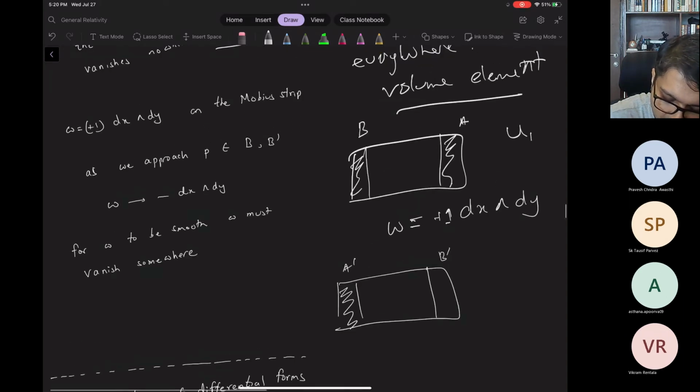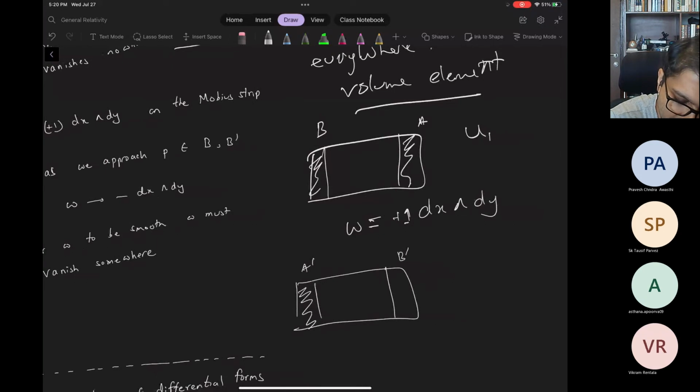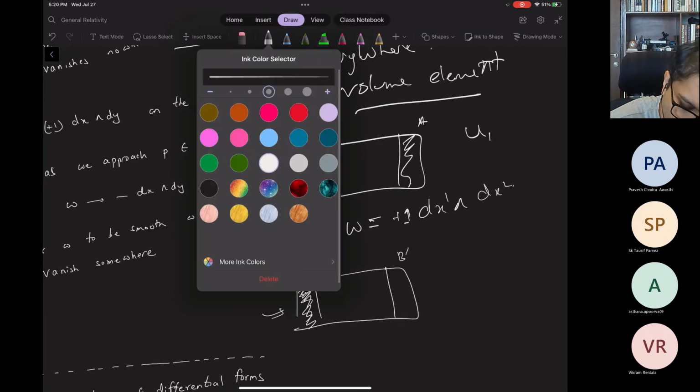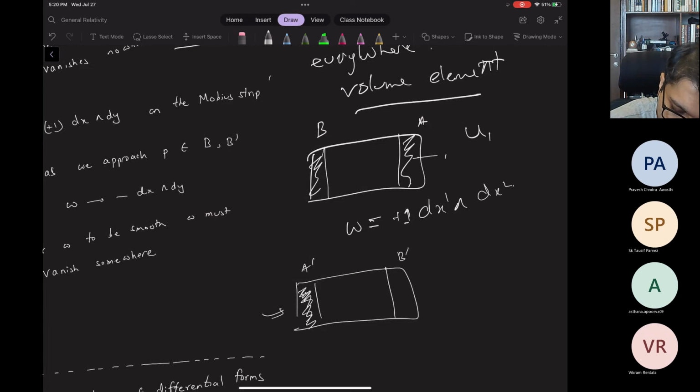Now in my overlapping patch, in A and A prime, to be more clear, this would be dx1 wedge dx2. This is x1, this is x2, and this is y1, this is y2.